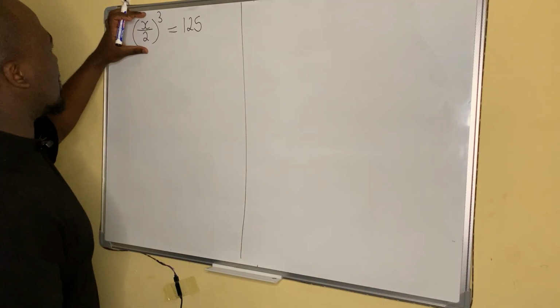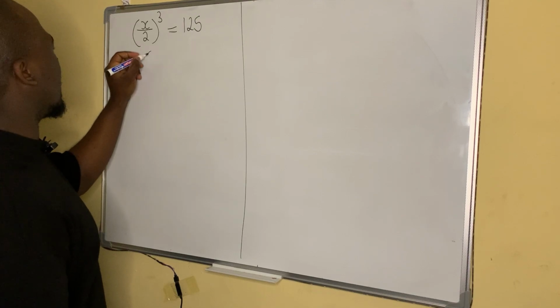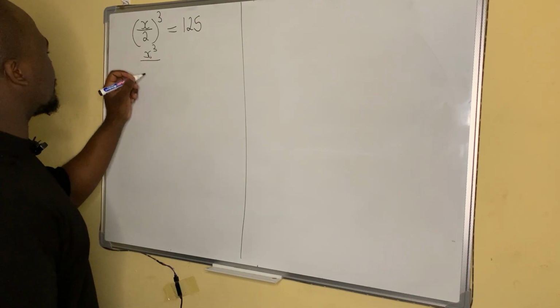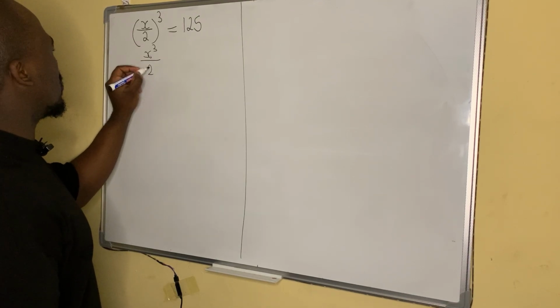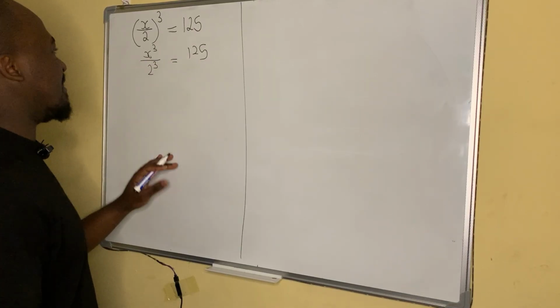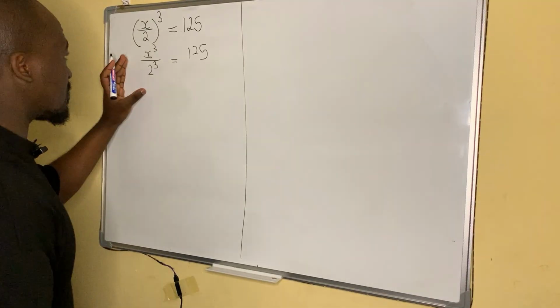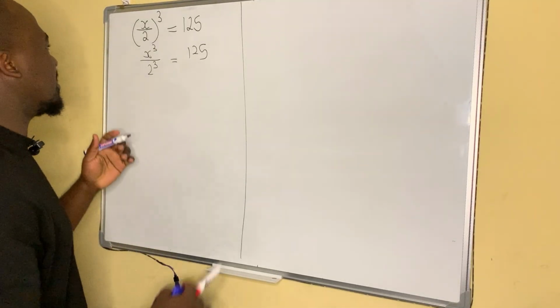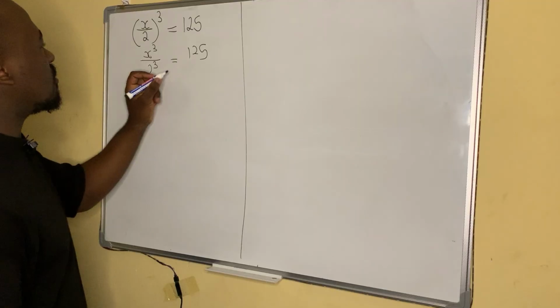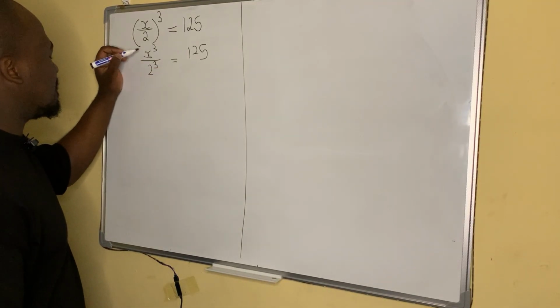Here, okay, it's fine. Someone will distribute here. If you distribute, you will get x cubed over 2 cubed, which equals 125. This is what, when you are breaking it down completely, x cubed over 2 cubed equals 125.